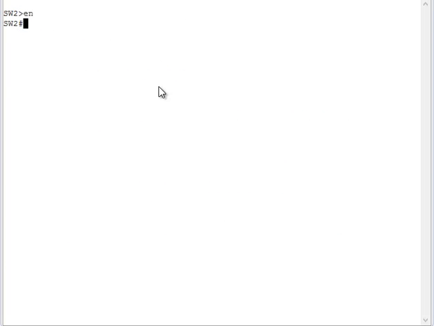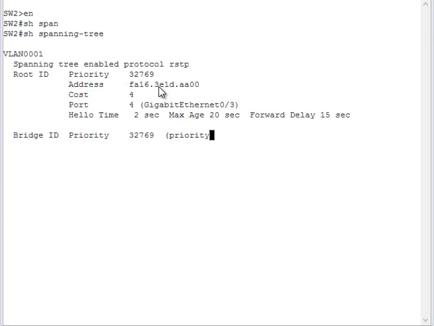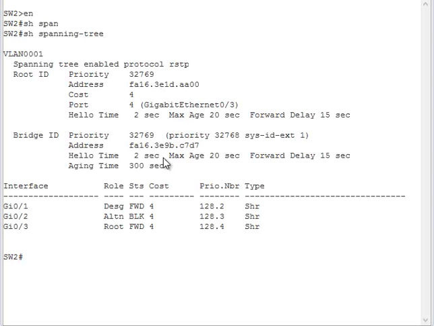Switch 2, what do we say for switch 2? That 1 would be designated, 3 would be root, and 2 would be blocking. So show 1 is designated and forwarding, 2 is blocking, and 3 is the root. So far so good. We have followed the election process and predicted where spanning tree would break the loops correctly so far.